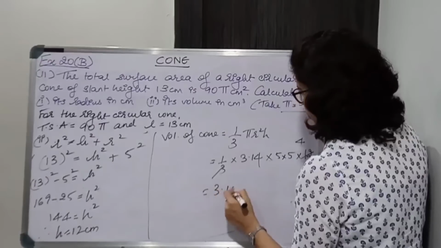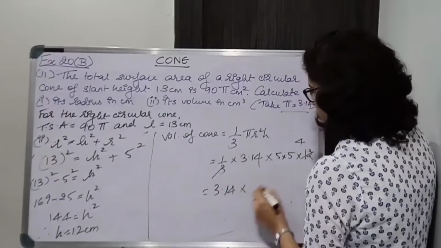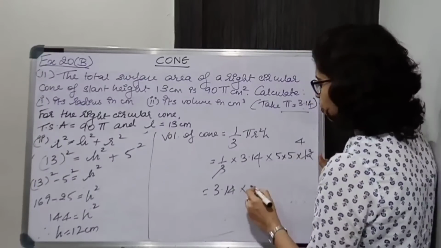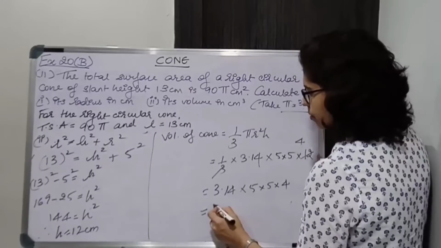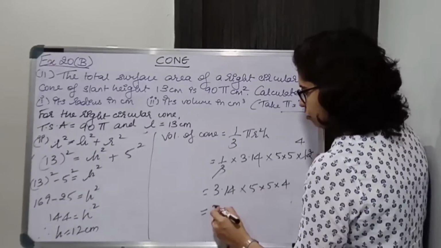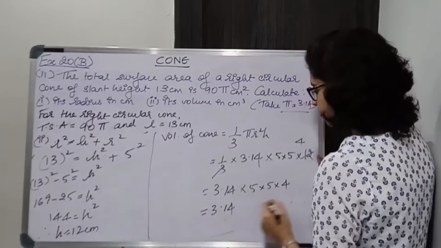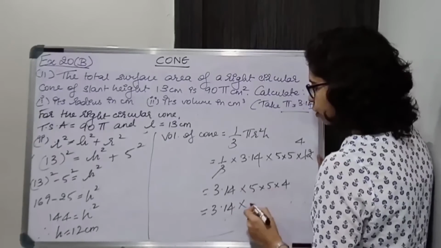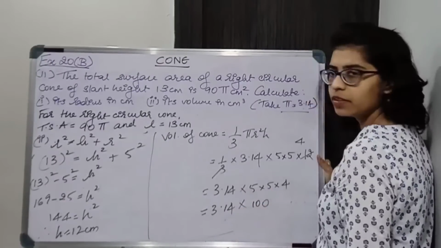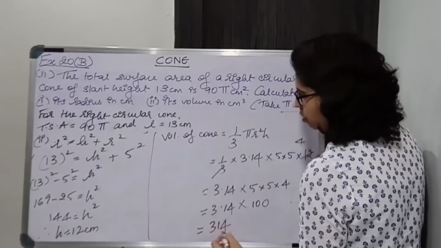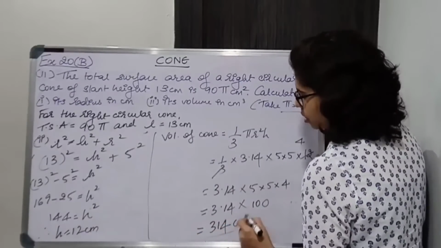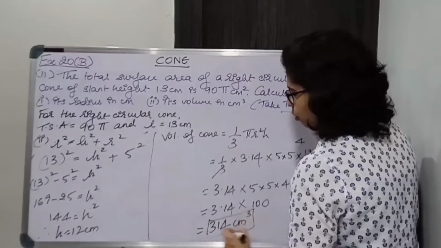So this gives 3.14 into 5 into 5 into 4. Okay, now we'll multiply this. 3.14 into 25 into 4 is 100. Okay, 3.14 into 100 will give 314. So volume of the cone is 314 centimeter cube.